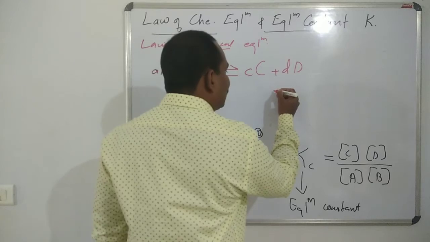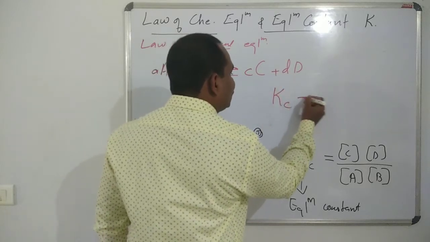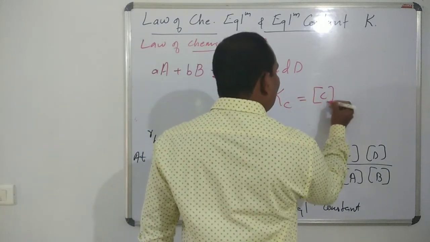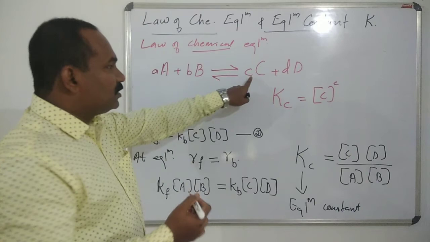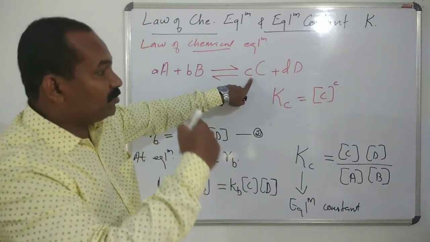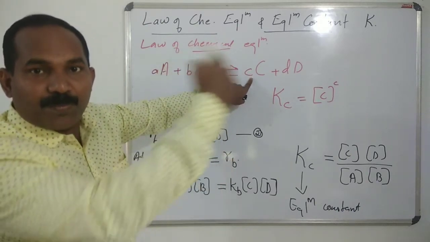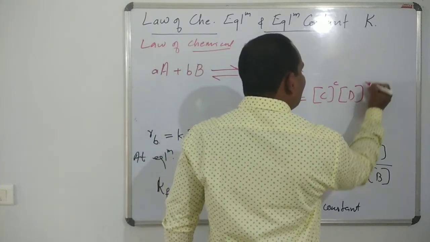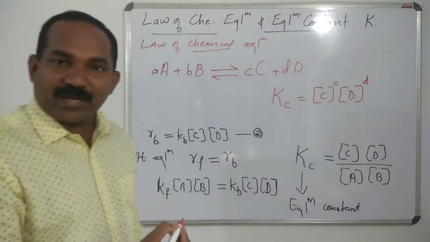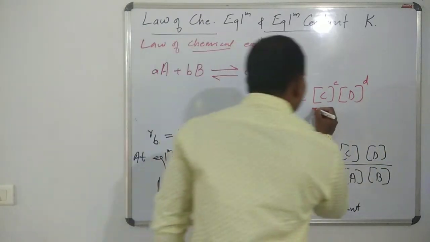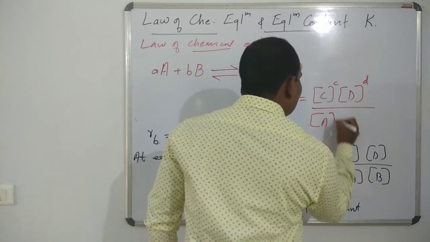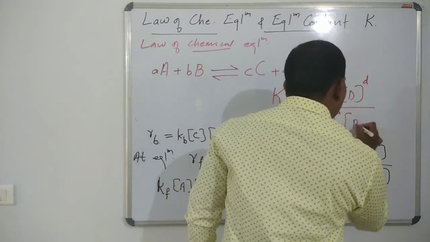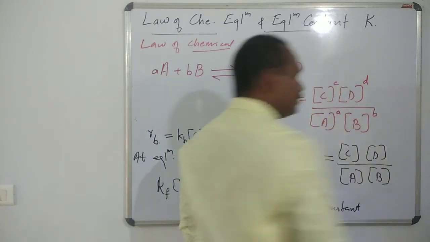So for this equilibrium, Kc is equal to concentration of C raised to c. The stoichiometric coefficient becomes the power. Into concentration of D raised to d, divided by concentration of A raised to a, concentration of B raised to b.